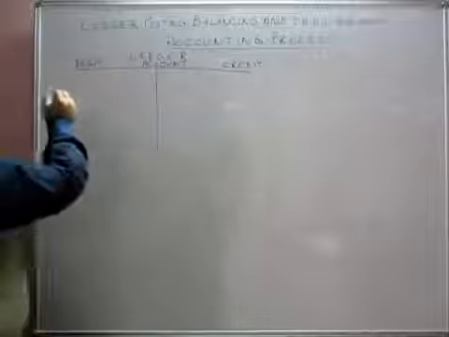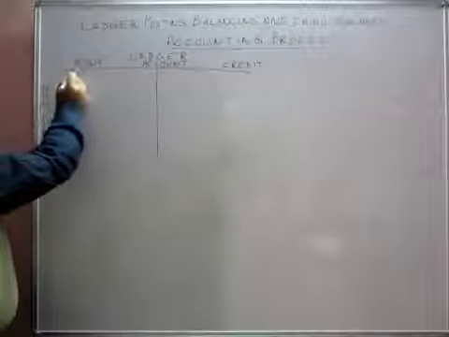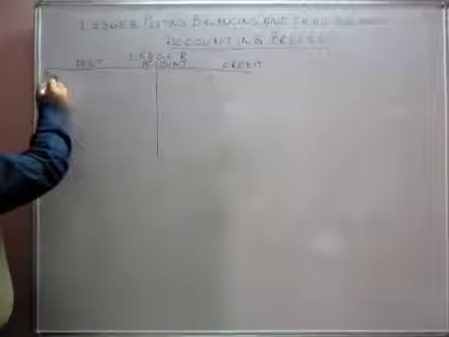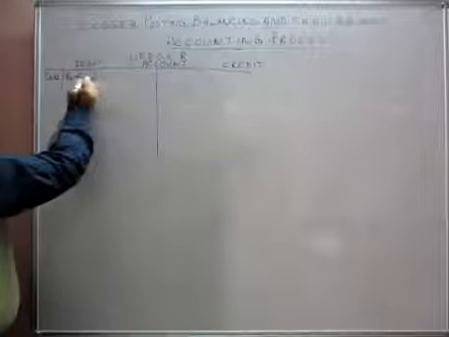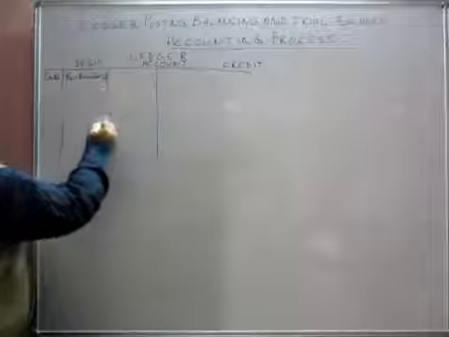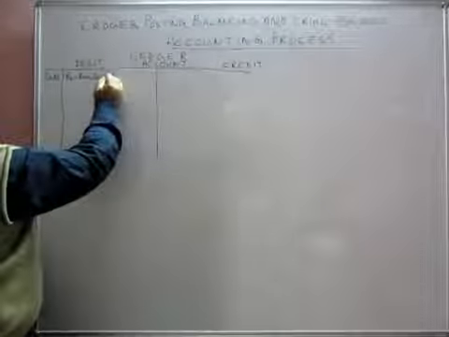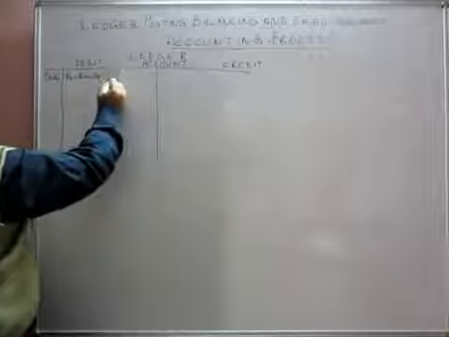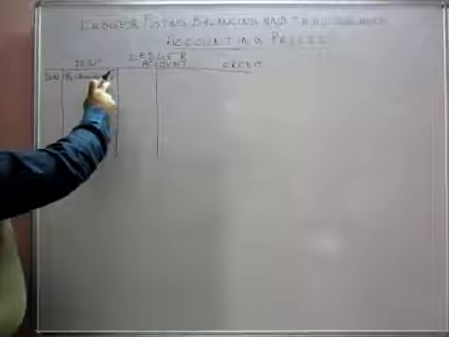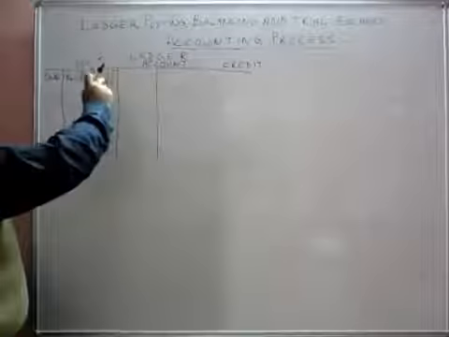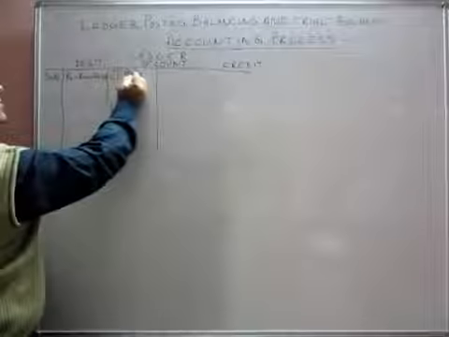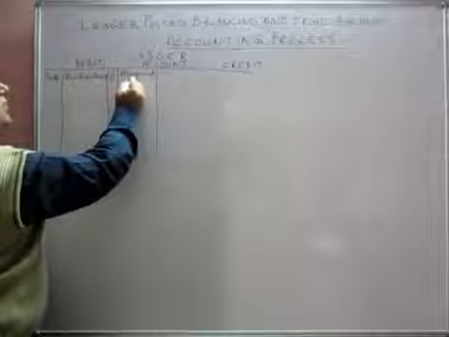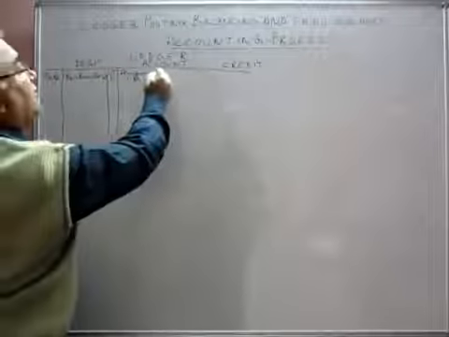And the columns are, first column here is date. Then particulars. After this, journal folio. Journal folio is the page number of the journal from where the entry is being posted to the account. This is amount in, say, rupees or dollars, whatever you like.